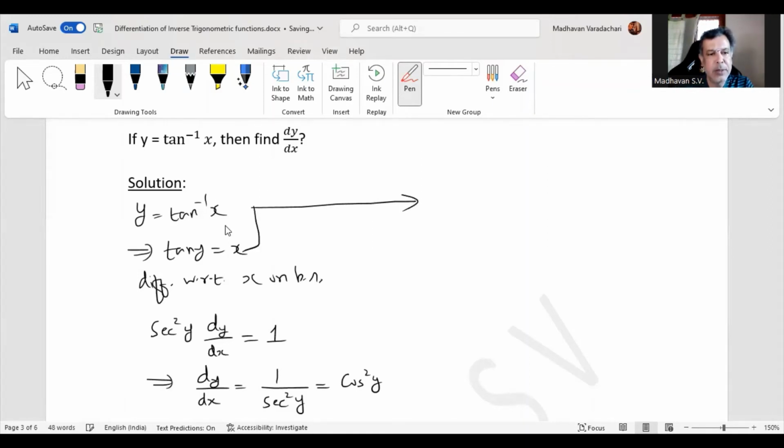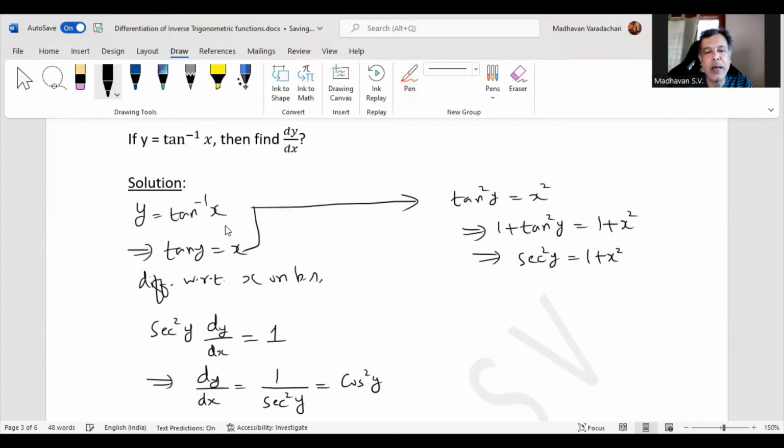Let us come back to this tan y equal to x, which means tan square y is equal to x square. Or we can say 1 plus tan square of y is equal to 1 plus x square. Or we can say secant square of y is 1 plus x square.